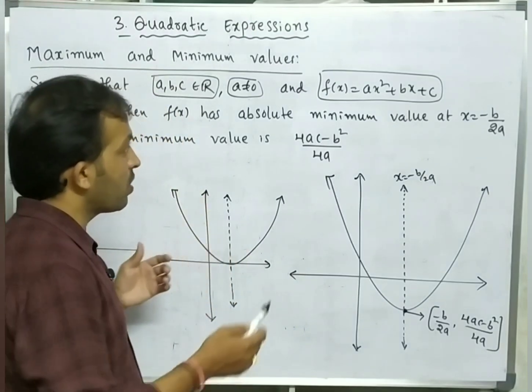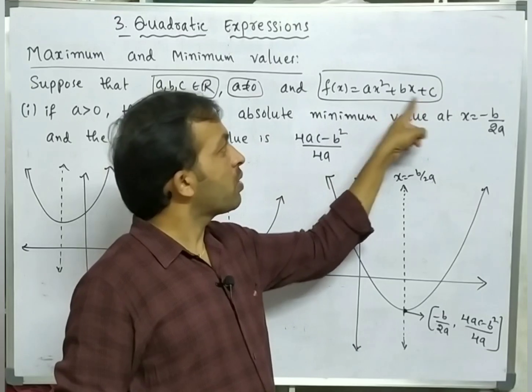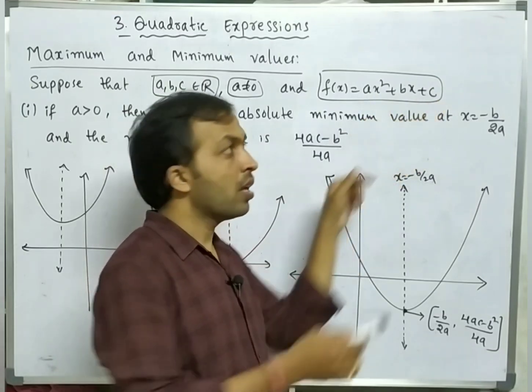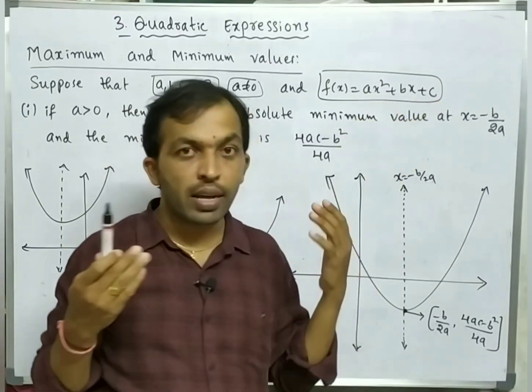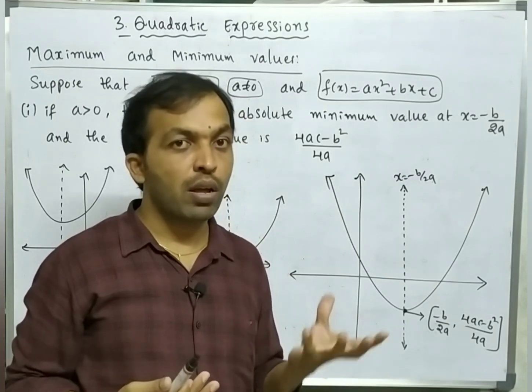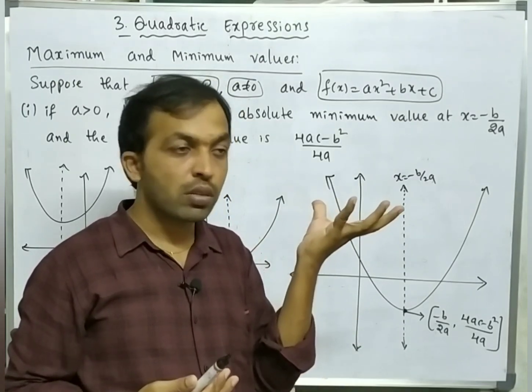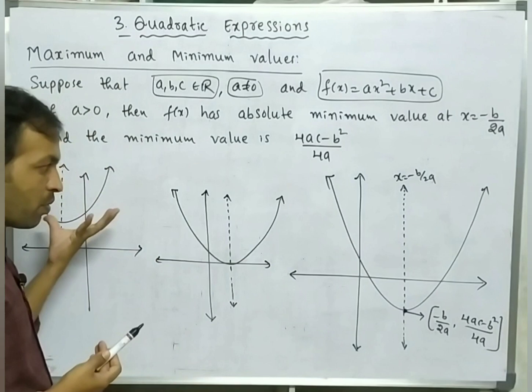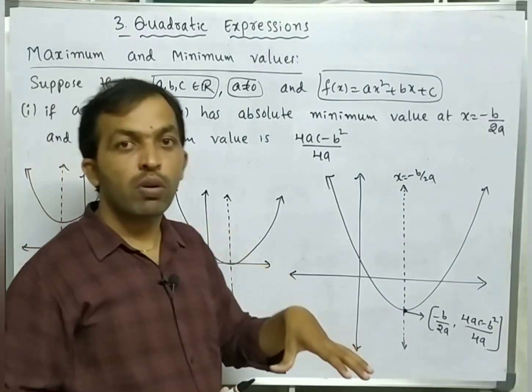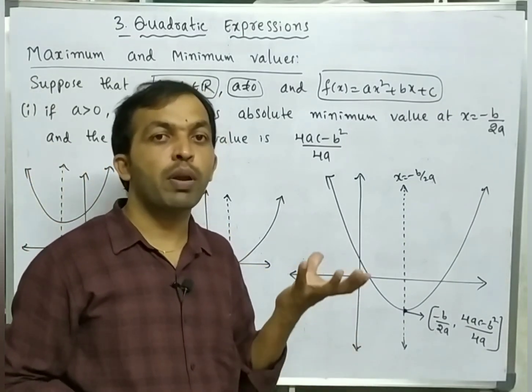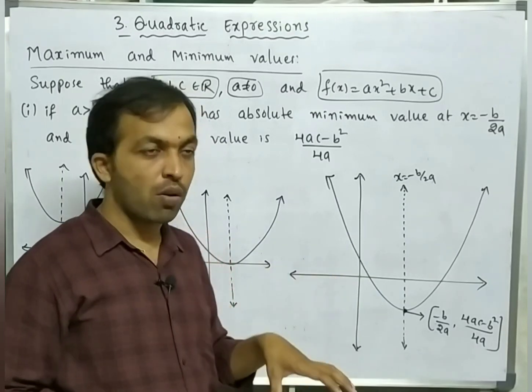Here one important condition: this is the quadratic expression ax square plus bx plus c. The graph is always in the shape of a parabola, which may open upward, as in these graphs, and sometimes open downward also. So when does the graph open up, and when does it open down?